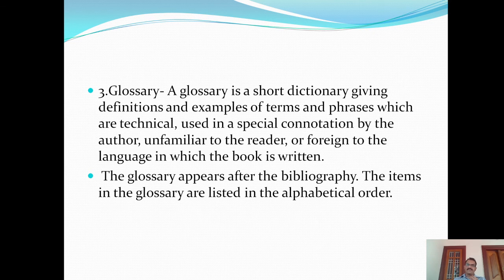Then glossary. A glossary is a short dictionary giving definitions and examples of terms and phrases which are technical, used in a special connotation by the author, unfamiliar to the reader, or foreign to the language in which the book is written. The glossary appears after the bibliography.